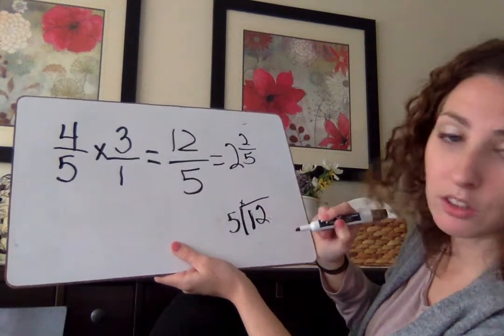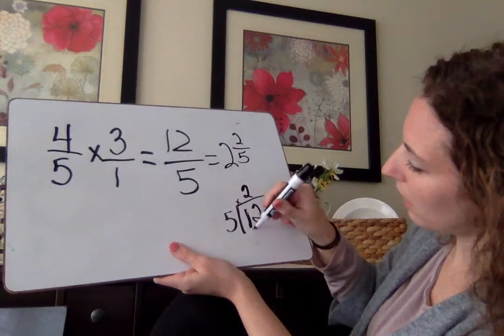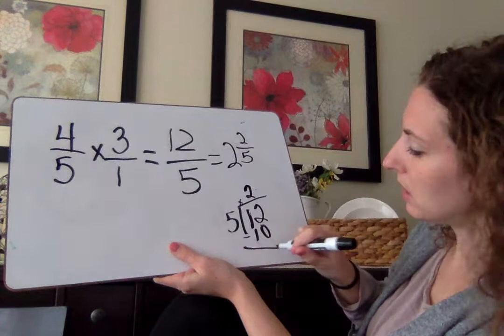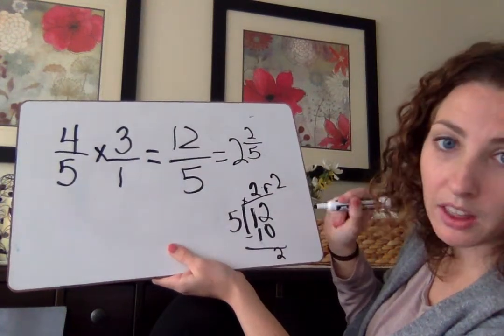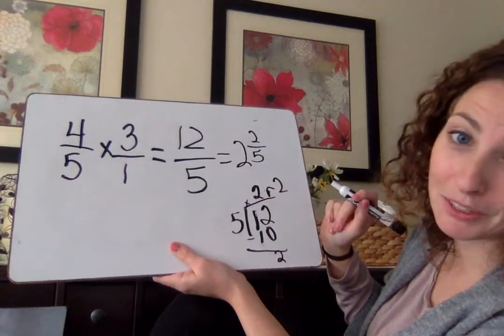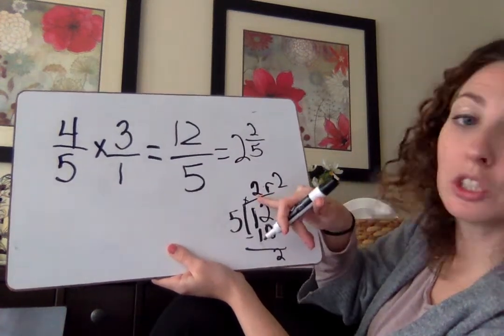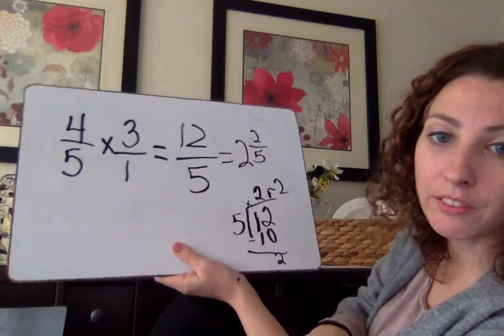No. 5 goes into 12? Yes. How many times? 2. 2 times 5 is 10. Subtract. 12 minus 10 is 2. So your remainder is 2. This is very sloppy. I'm sorry, guys. You just write that out. 2 is your whole number. Your remainder is 2 over 5.